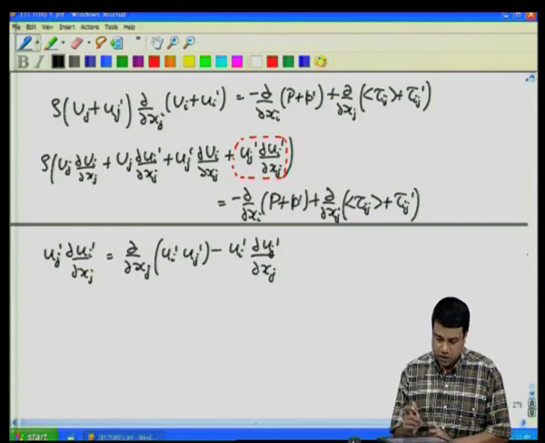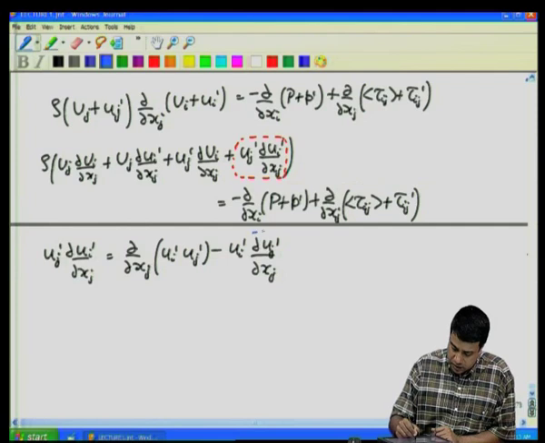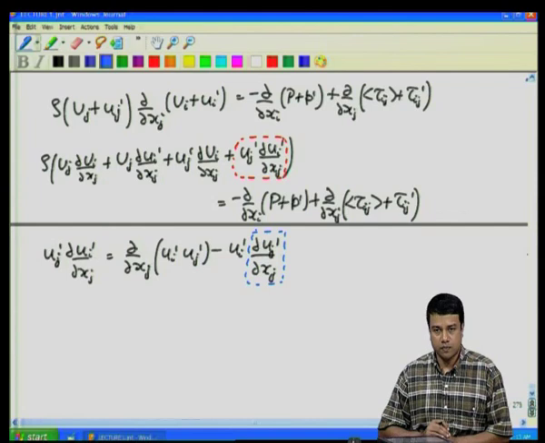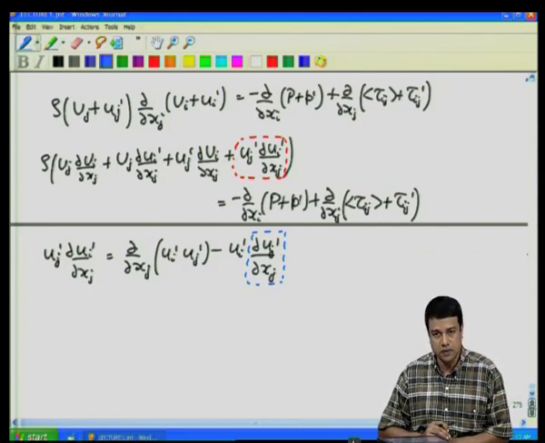This term here is the divergence of the fluctuating velocity. Partial uj prime by partial xj is the divergence of the fluctuating velocity, which we know has to be 0, because both the mean and the fluctuating part individually satisfy the incompressibility condition.